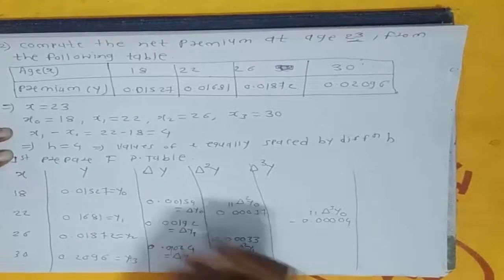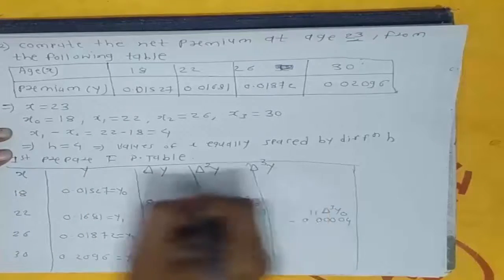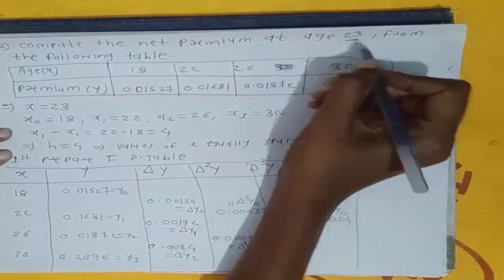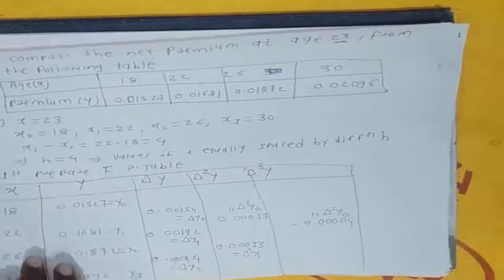Then from that we have to find the premium at age 23. We find that by using Newton's forward difference interpolation formula.